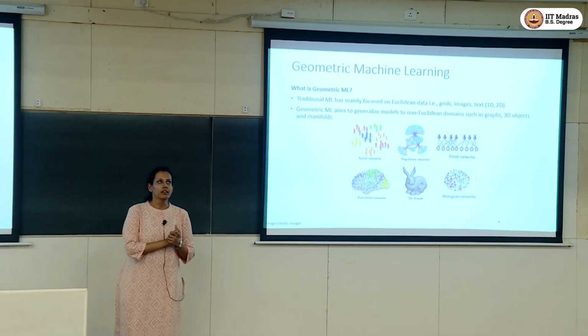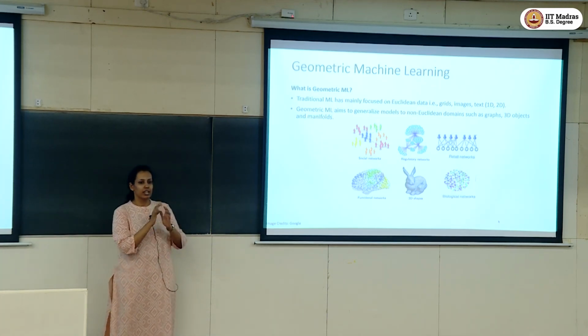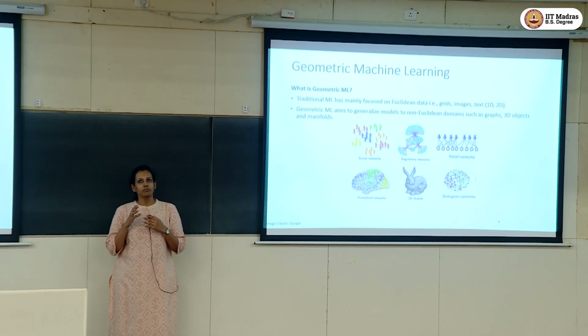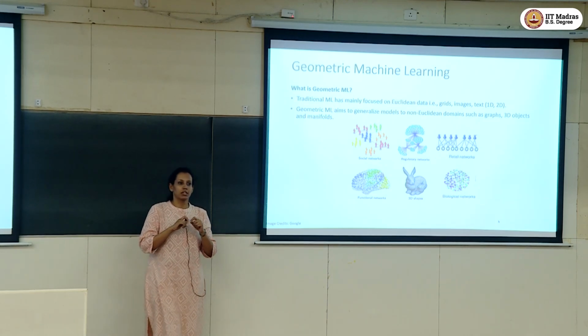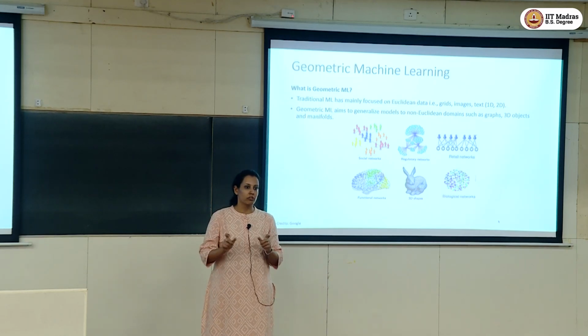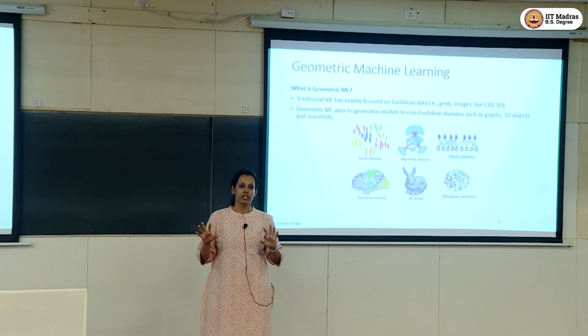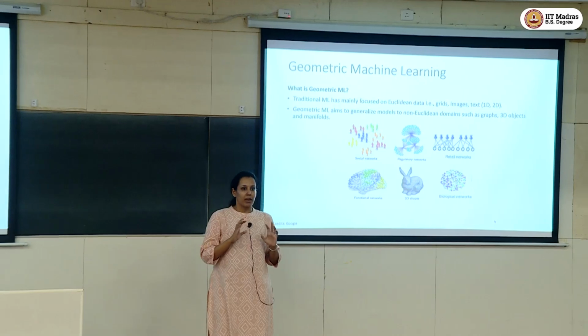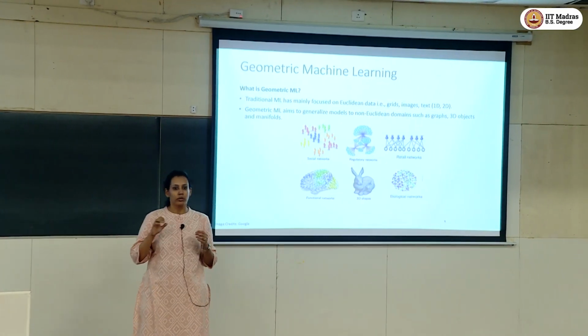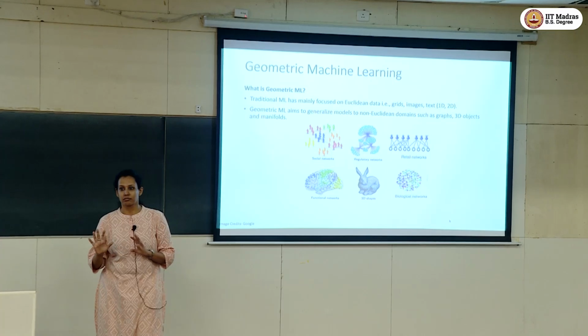No, not really. So let's say I'm considering 3D data. If I want to find the distance between two 3D points, how do you find it? The easiest distance is the Euclidean distance. We can still apply Euclidean distance on 3D, but when you go beyond 2D, Euclidean is not always the best.